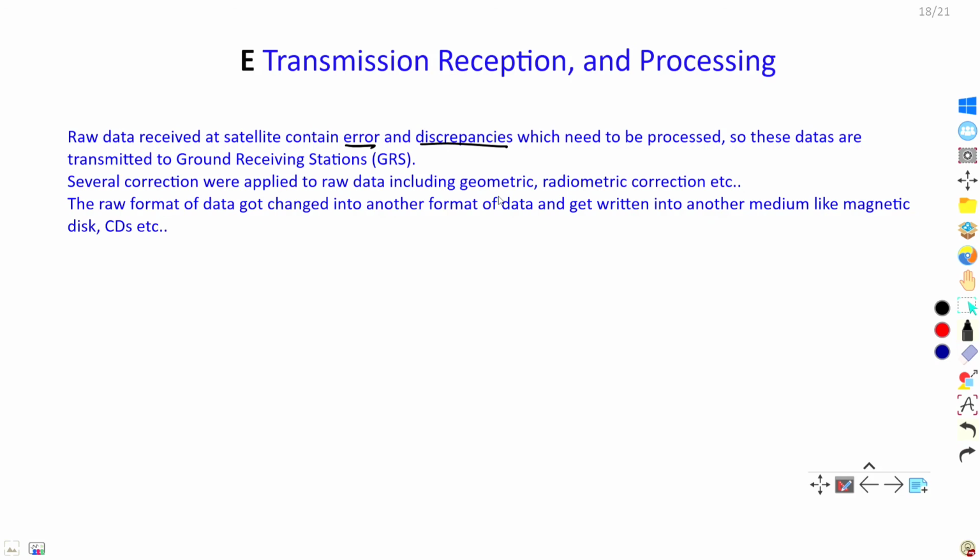So these data are transmitted to the ground receiving stations, and several corrections are applied, for example geometric correction and radiometric correction, and then the data are converted into another form and saved on another type of disk and CDs. So all these things happen in transmission, reception and processing. We will see corrections in further classes.